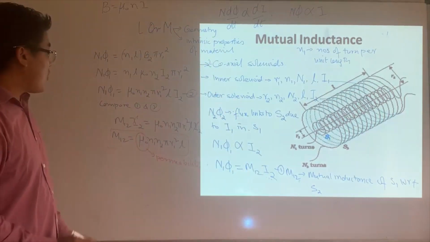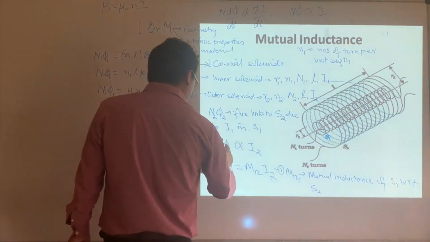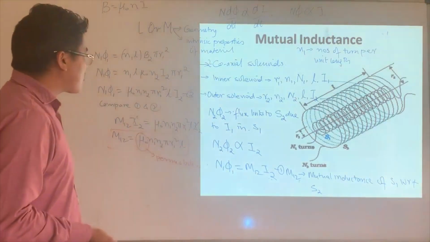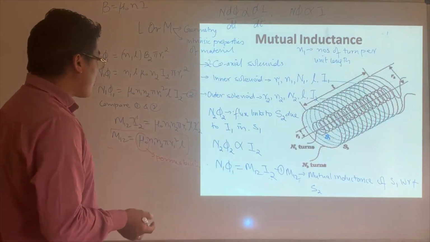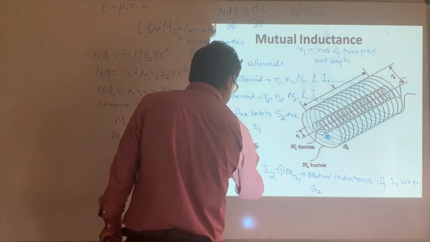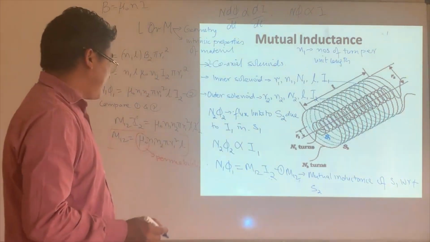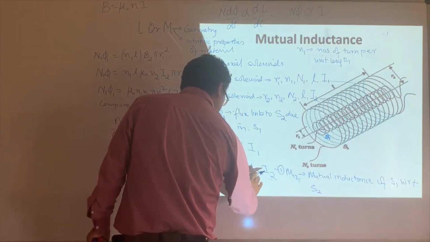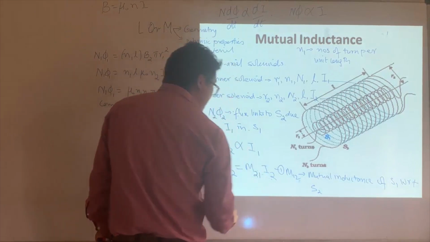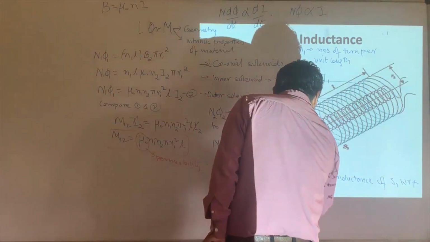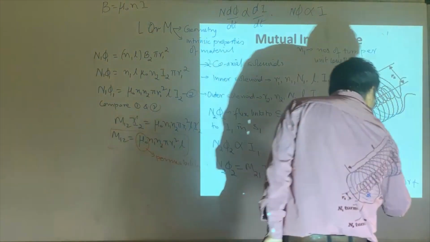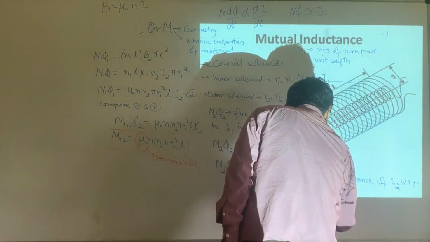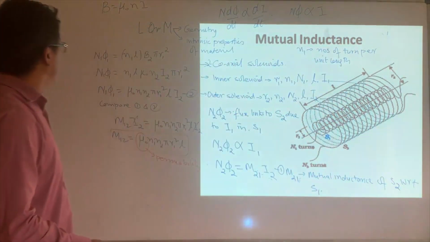So this is the magnetic flux linked to the outer coil due to the current in the inner coil. What is the current in the inner coil? I1. And M21 is the mutual inductance of solenoid 2 with respect to solenoid 1.